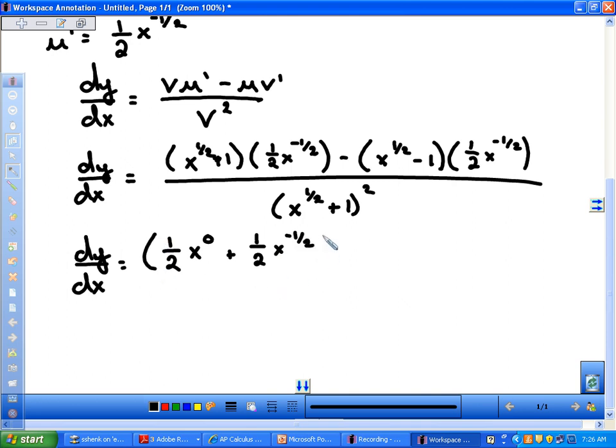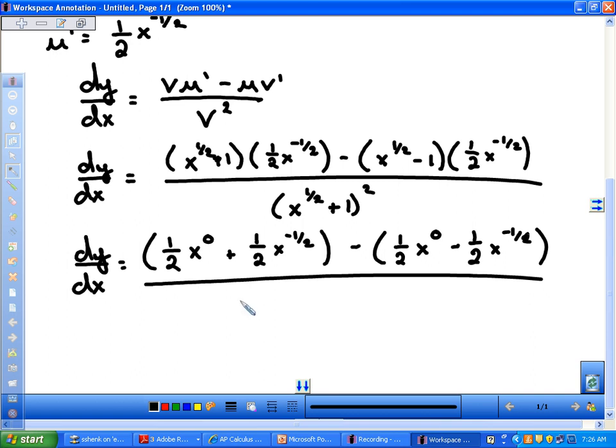And now from this, we've got to subtract this quantity over here. Again, what's x to the 1 half times 1 half x to the negative 1 half? X to the 0 minus 1 half x to the negative 1 half. Down here, I'm just going to leave this x to the 1 half plus 1 squared. I'm not going to FOIL it out at all. Okay.